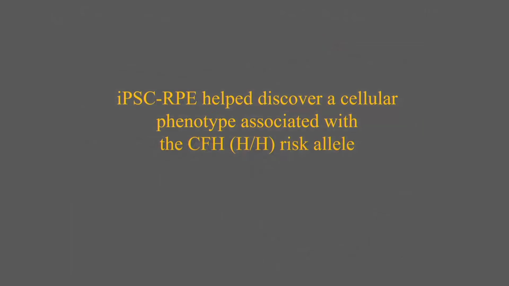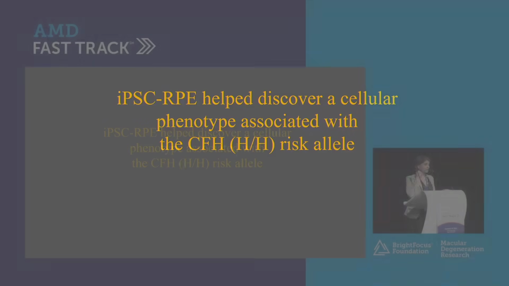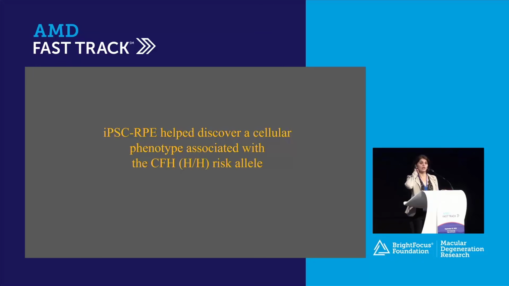Like I said, when you work with iPS tissue, or human iPS tissue, you have access to human genetics, and you can actually replicate that human genetics in a dish. We were lucky enough to have AMD patient iPS lines carrying either the CFH risk allele, HH, or the CFH wild-type allele, YY.